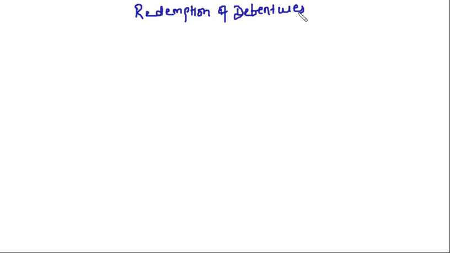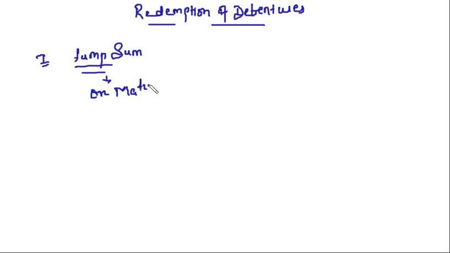I told you there are 4 methods for redemption of debentures, and we started with the first method, that is lump sum method, that is redemption on maturity. This is what we discussed in the last lecture, and today we are going to do a practical problem on this. Clear? Now let us see the practical problems on this.